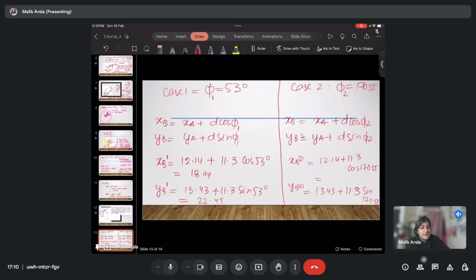So xb in the second configuration is coming out to be 0.99 and yb is coming out to be 15.29. So the question looks pretty complicated, but it's not.